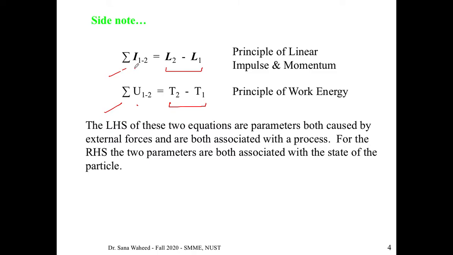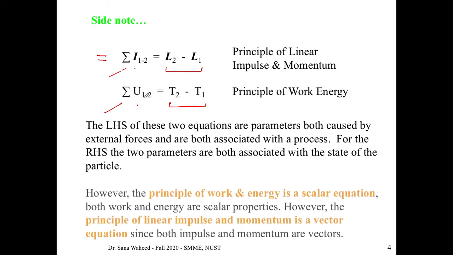Okay, but even though they look similar, there are some very key differences that we must be really careful about. Please notice that all of these symbols, not all, sorry, I and L are boldface, whereas here they're just non-bold face. Why? Because these quantities in the principle of impulse and momentum are all vectors, whereas in the principle of work and energy they were scalar quantities.